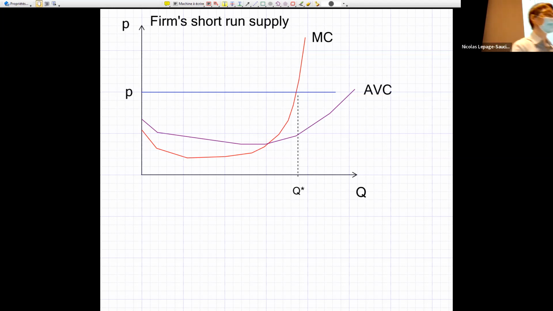No, maybe that's because it's too easy. Sorry to bother you with this. So the market supply is a relation between quantities that firms want to supply and market price.